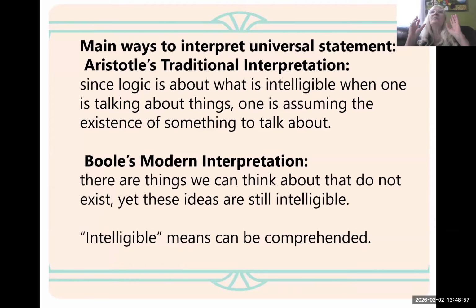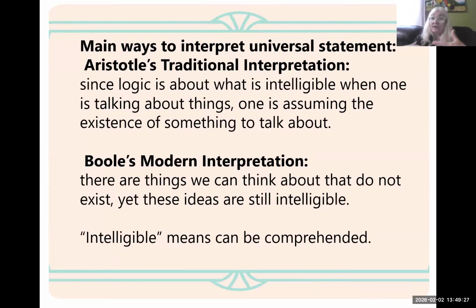You might get frustrated like Aristotle would, because the fact of the matter is there is no thing that is a vampire for us to be comparing to, no intelligible object for us to be looking at in the world to say, no, actually, yeah, you're right. Vampires are sparkly.